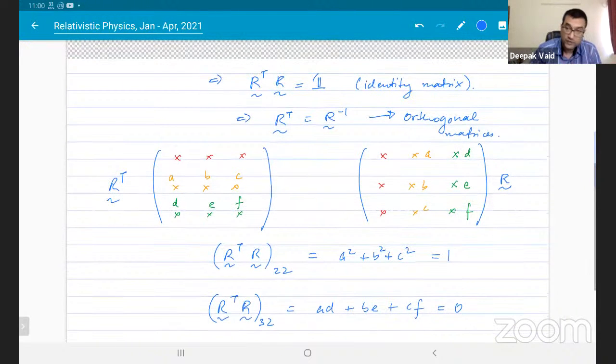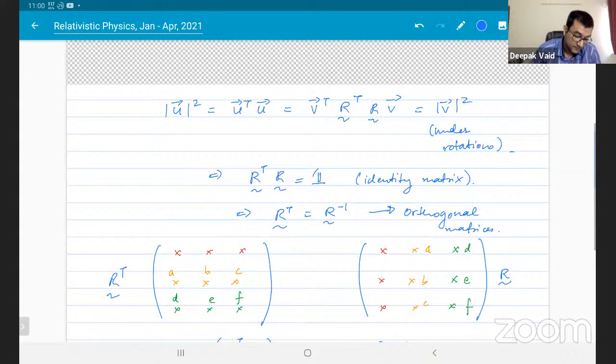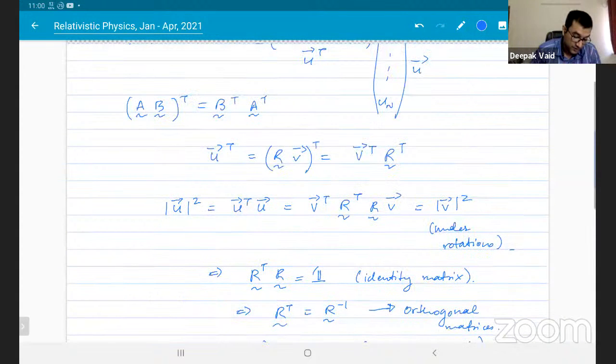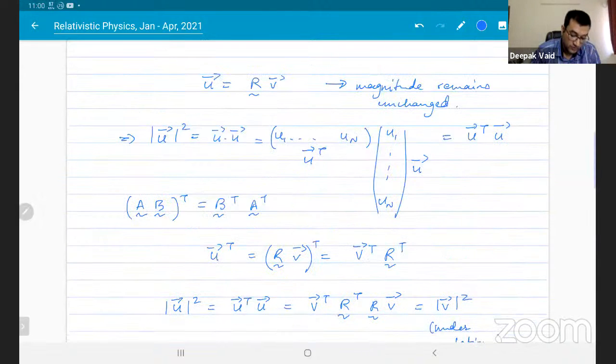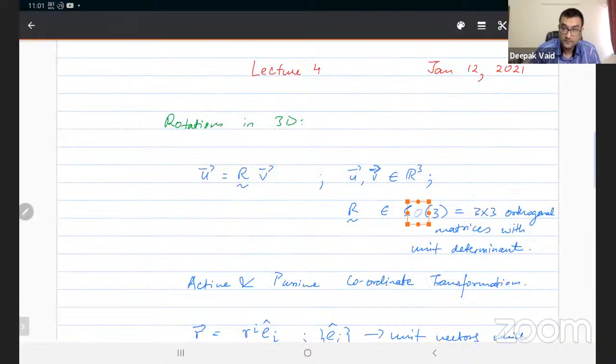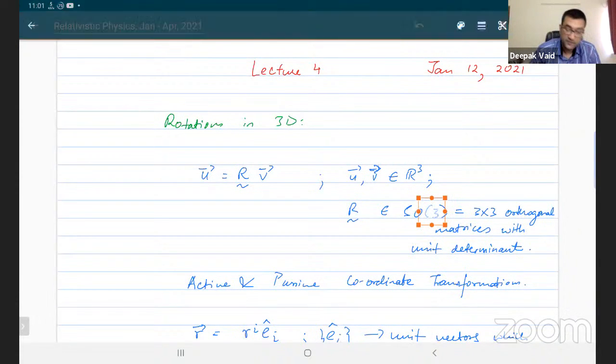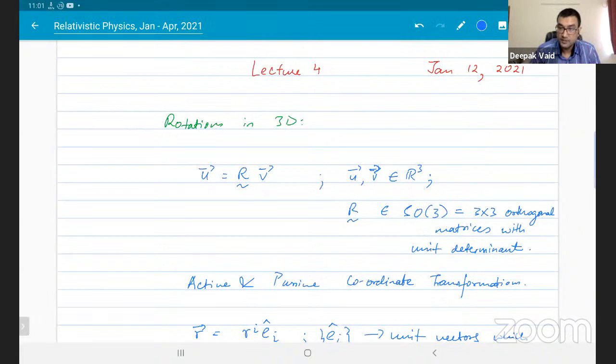So rotations, these matrices, are orthogonal matrices. And I wrote down something, SO(3). So what is O? O means orthogonal. What is S? S means determinant 1, unit determinant. And 3 means 3 by 3. These are 3 by 3 matrices.